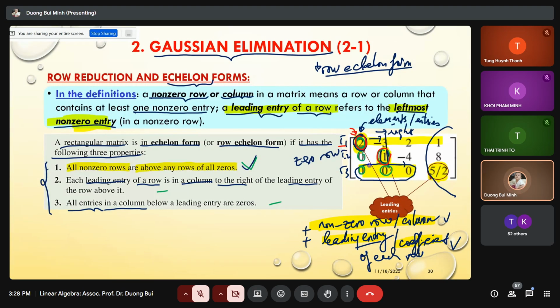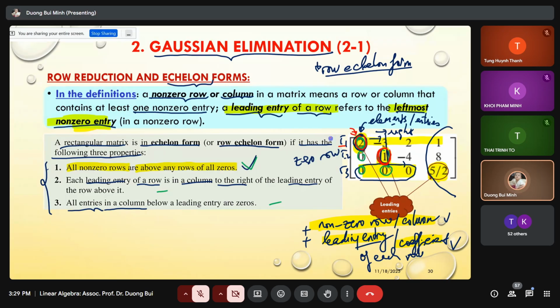Okay, in English, each leading entry of a row is in a column to the right of the leading entry of the row above it. So this is the leading entry of the second row. Of course, it will be in a column at the right side of the leading entry of row 1, the row above it.